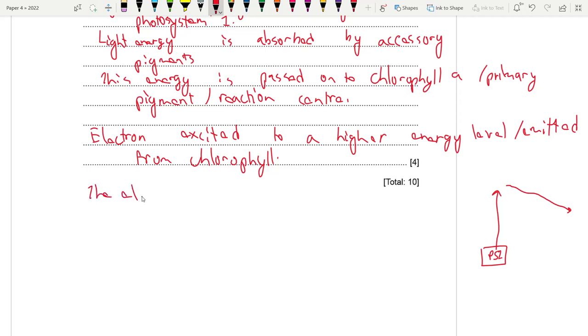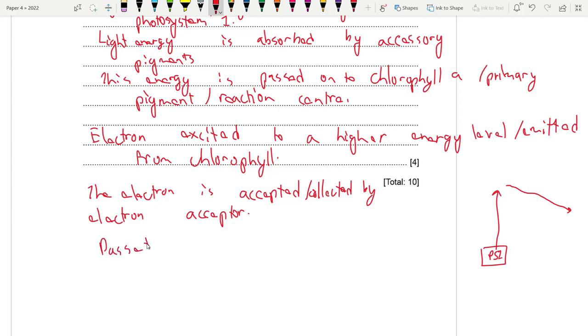So the electron is accepted or collected by an electron acceptor. It is passed along the electron transport chain.